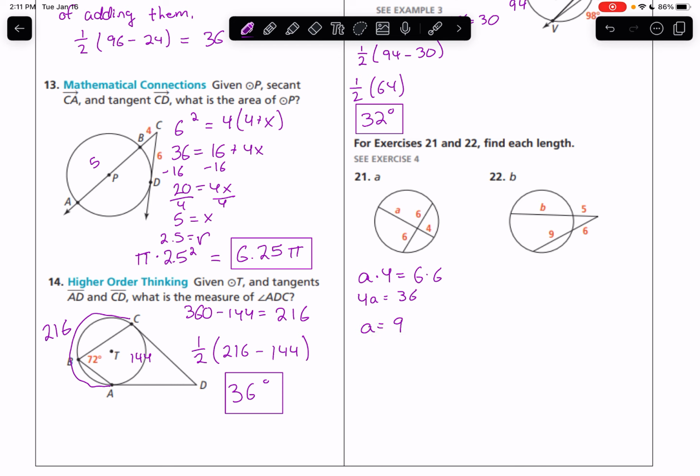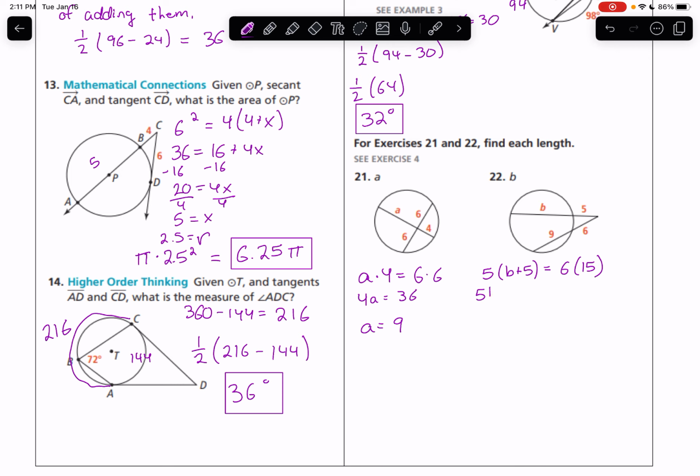a equals 9. For B, we've got the piece of the secant outside the circle multiplied by the entire secant is equal to the piece of the secant outside the circle multiplied by the entire secant. So 5 outside the circle times b plus 5, the entire secant, is equal to 6 outside the circle times 15, the entire secant, because 9 plus 6 is 15.